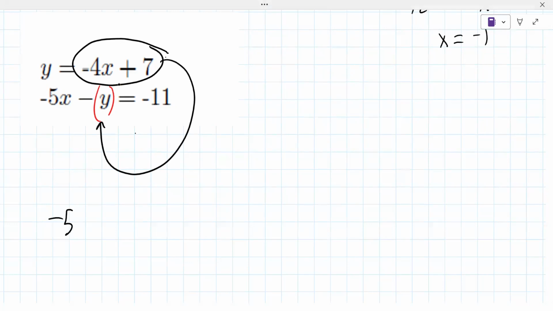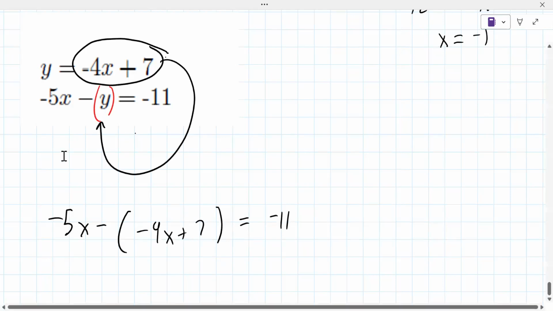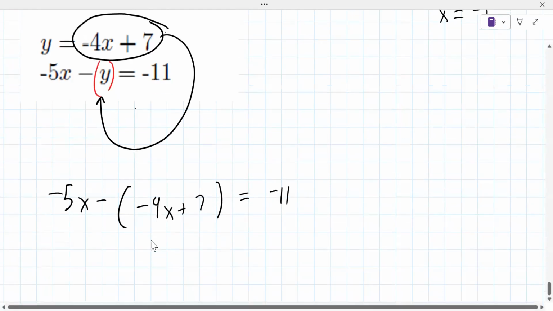So again, it's minus 5x minus parentheses minus 4x plus 7. All right, so from here, you distribute the negatives in.